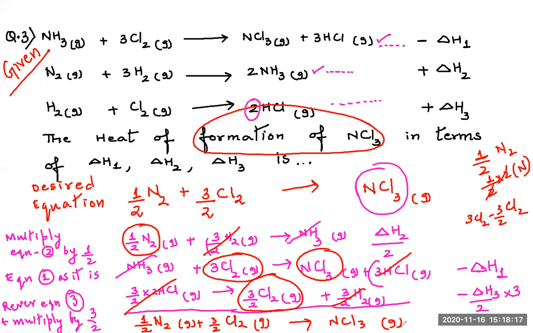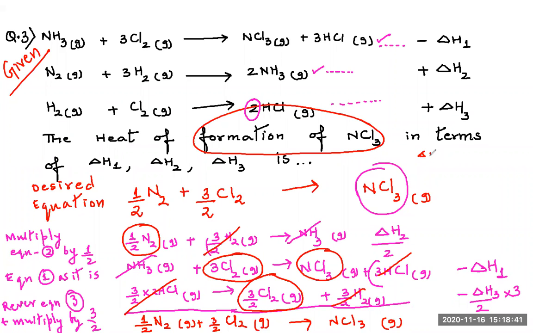So hence solved. So what is your final enthalpy? I'll just erase this. I'm just erasing this, students, and I will write the final answer here only. So the final answer is here.